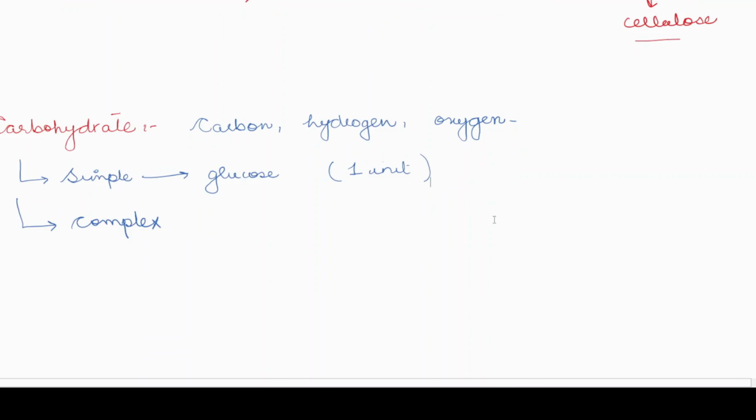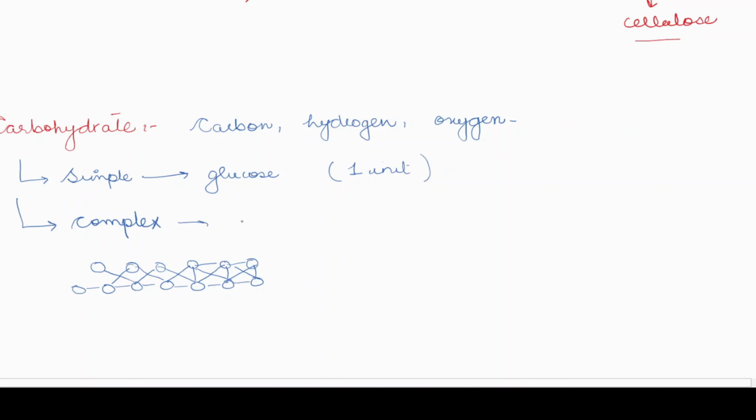When we talk about a bigger molecule or a bigger structure, the particles or units are attached to each other. Let's say this is the structure of cellulose, in which the units have a crisscross structure, they bind to each other and have complex bonding. This one is a complex sugar.